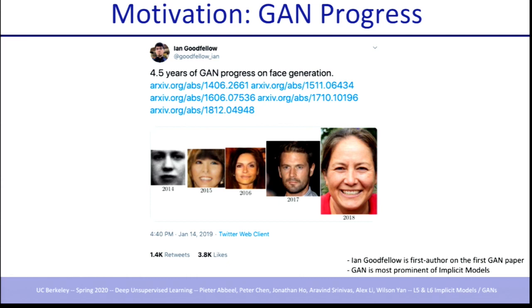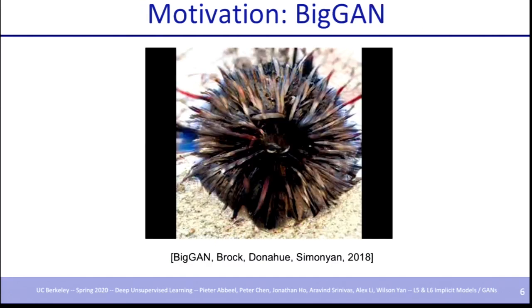And 2014 is when his paper came out, and it kind of looks like a face, but not necessarily high resolution, not particularly realistic. And then from there we see a progression in just 5 years to extremely realistic faces automatically generated by GANs.